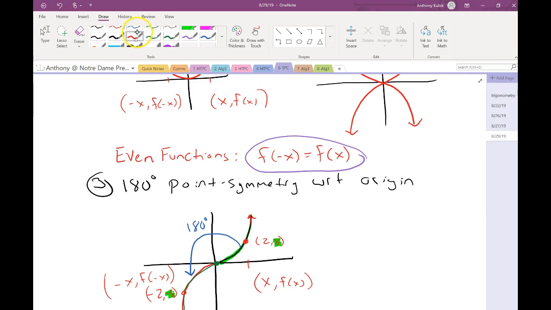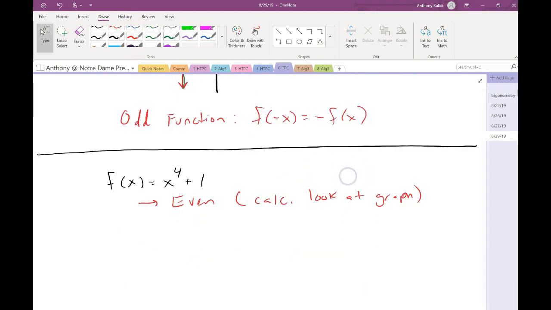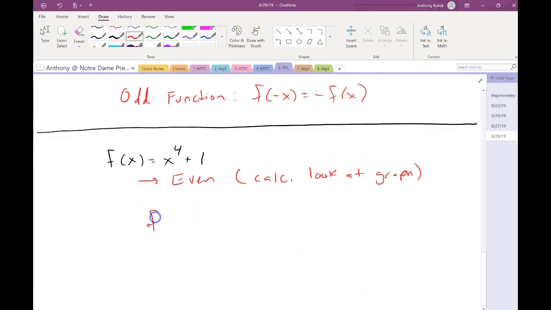That's going to be our goal. So what I want to do is figure out what f of negative x is. And if it's the same thing as x to the fourth plus 1, I know that this is an even function. Everybody okay with that plan?